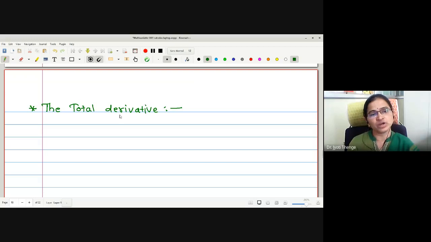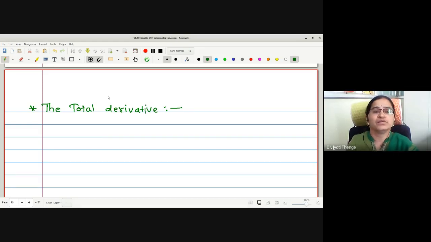Now we are going to have the total derivative. But this total derivative was defined by knowing the fact that the ordinary derivative, that is the derivative of functions of one variable, satisfies the criteria of continuity. That is, if the ordinary derivative exists at a given point, then the function is continuous.